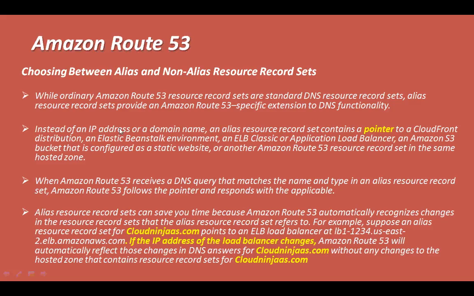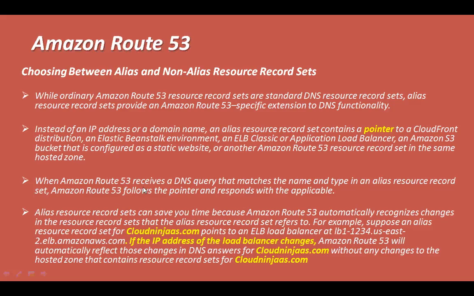that instead of an IP address or a domain name, alias record sets contain a pointer to, for example, the CloudFront distribution. So whenever you are using any kind of service like ELB or load balancer or S3 bucket, Amazon will be using that particular pointer within AWS Route 53 to query that particular service.